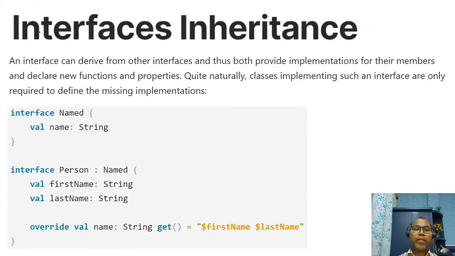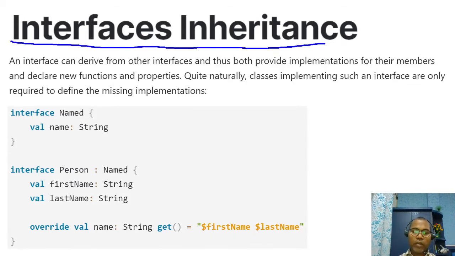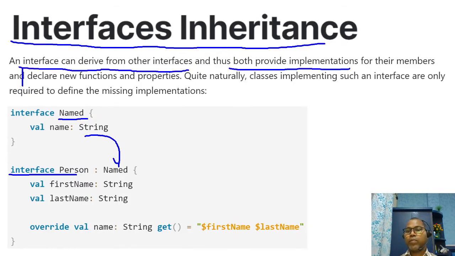Sometimes your interfaces are inherited, meaning one interface can extend another interface. That means this interface 1 can inherit the named interface, this is another interface. So an interface can inherit from another interface, and thus both provide the implementation of their members and declare new functions and properties as well.